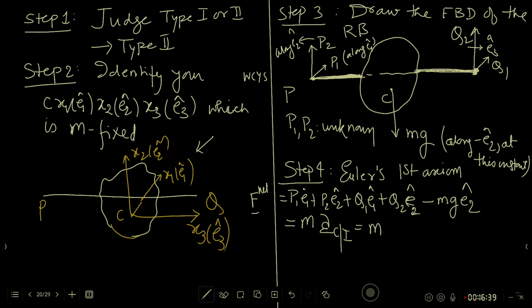What is the acceleration of center of mass? Look at the figure. Know that this distance, this offset is r, rotating with omega, no omega dot. What would be the acceleration of point C at this very instant? I did ask the same question in the last tutorial for a different problem, but situation was similar.